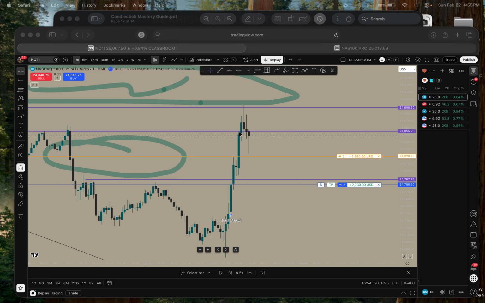It's got a tiny wick up here, which means that price must have been lower, but price pushed up and made this huge volume where sellers couldn't even touch it. And sellers came up here, and obviously they pushed price a little bit down, but their power up here compared to buyers' power down here, the buyers are clearly in control in this entire move, and it continues to reflect.